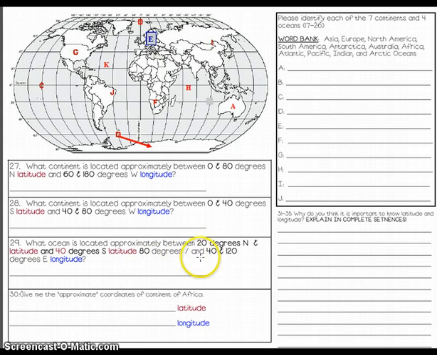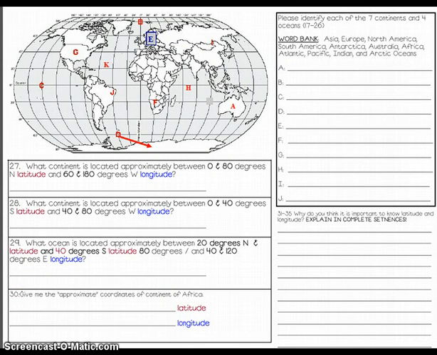Let's look at that one again. What ocean is located approximately between 20 degrees north latitude and 40 degrees south latitude? That's the latitude. And then we want the longitude.